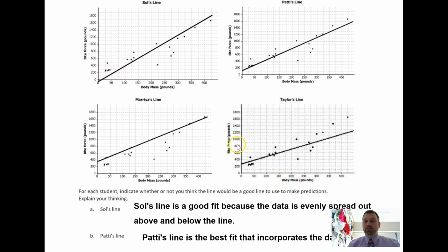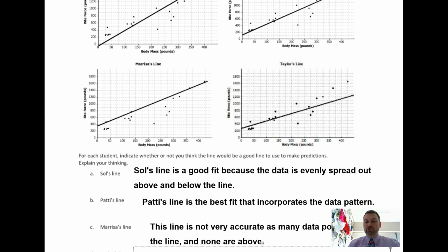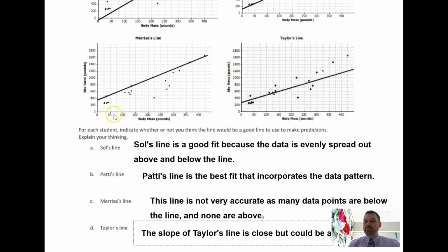So not bad. Patty's line is probably really good because she did incorporate hitting these points down here, hit some points here, hit some points here, evenly spaced above and below. So that line is just accurately drawn. Marissa, not very accurate. The slope looks pretty close, looks pretty right, but aside from having a couple points on it, a lot of these points are below and none are above.